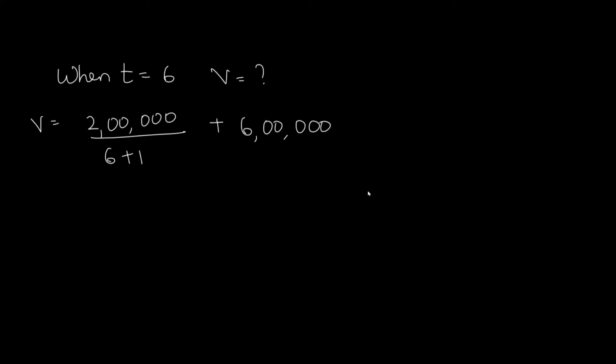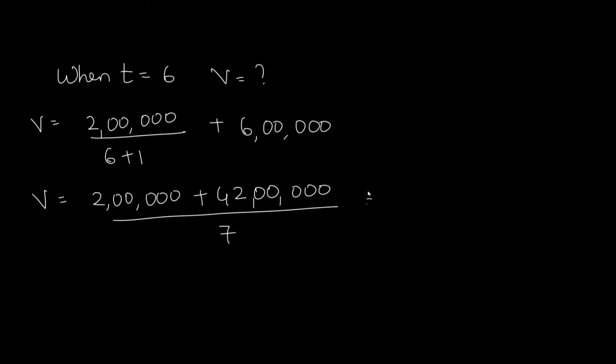Cross multiplying and equalizing the denominator, we have V is equal to 2 lakhs plus 6 plus 1, 7, and 7 6s are 42. So 42 lakhs upon 7, which becomes 44 lakhs upon 7, and cancelling it and getting the answer, V is equal to 6 lakhs 28,571.4.